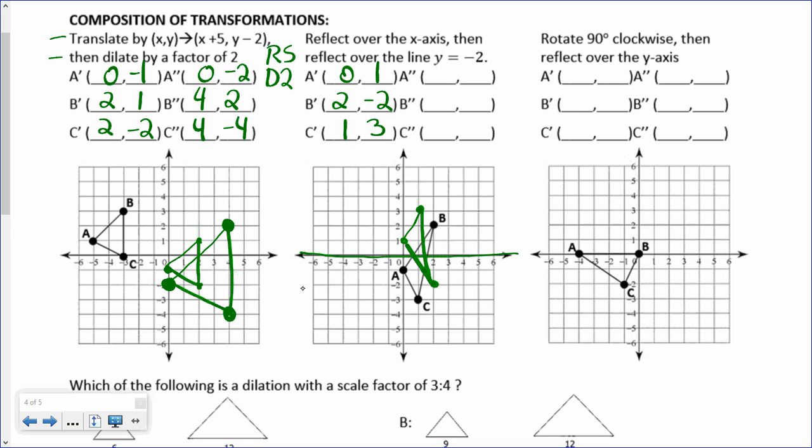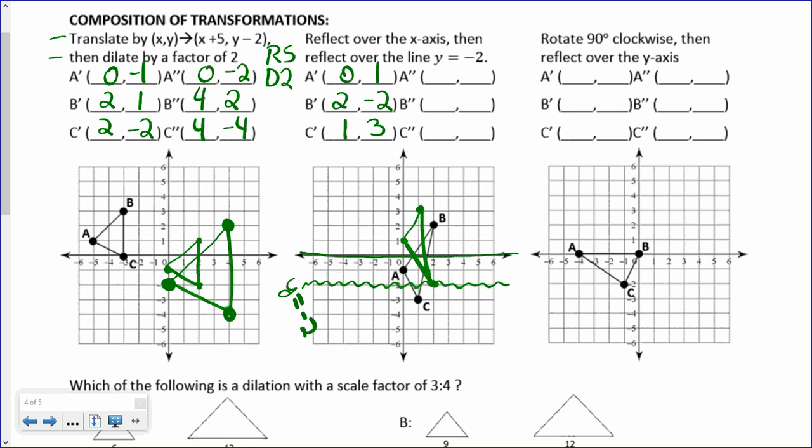I'm going to squiggle this one to show it's the second line. This is the line y equals -2, if you want to go ahead and label that. You guys got to know your algebra. If you don't know how to graph these lines, you're not going to be able to do it. So the line y equals -2 is horizontal, crossing the y-axis at the value of -2.